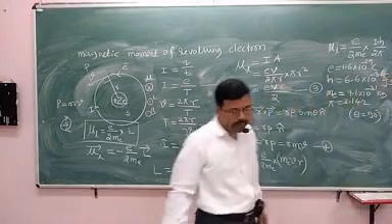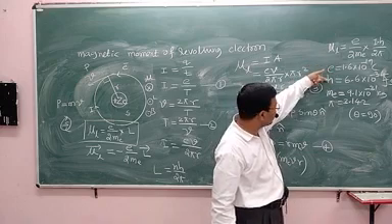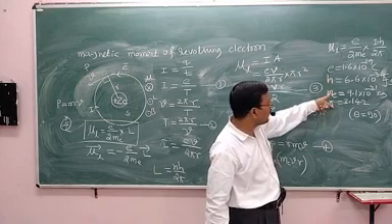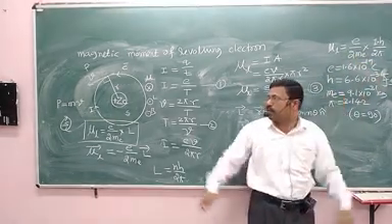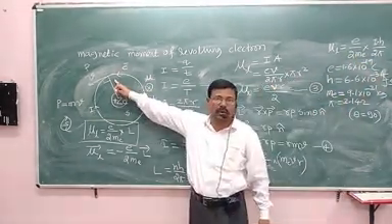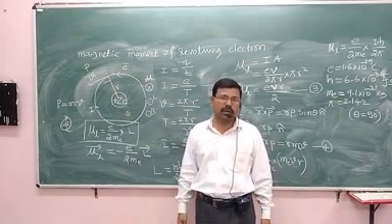If you substitute all the values, the charge of the electron, Planck's constant, the mass of the electron and pi, here you get the magnetic moment acquired by this electron, which we call the Bohr magneton.